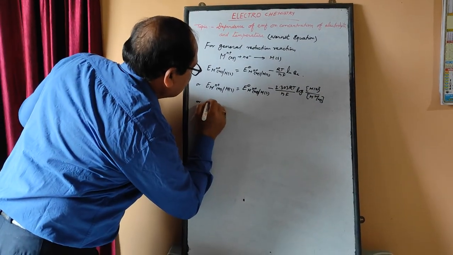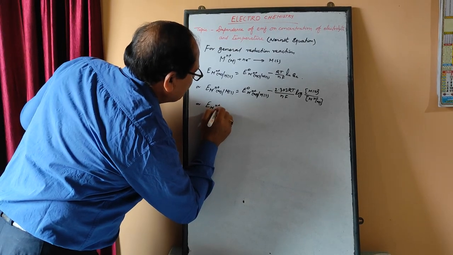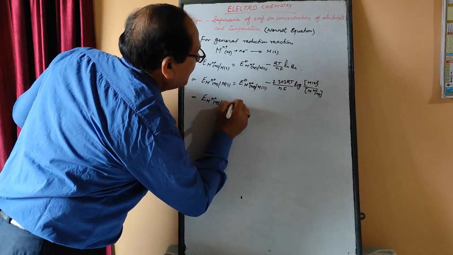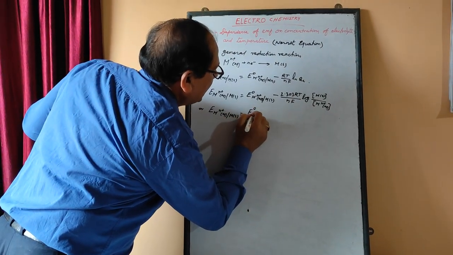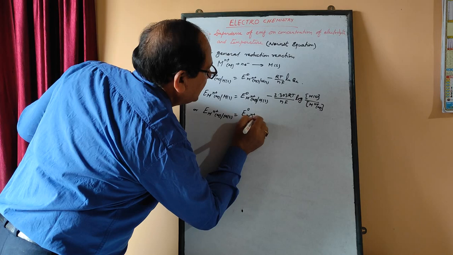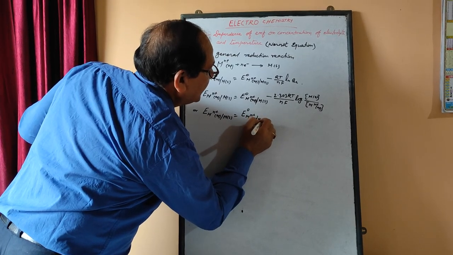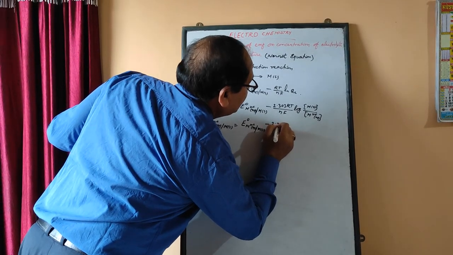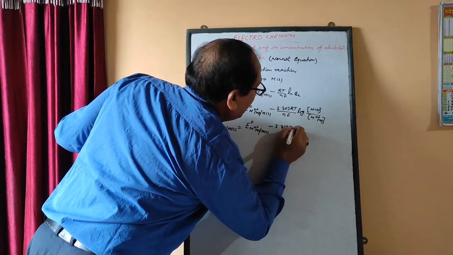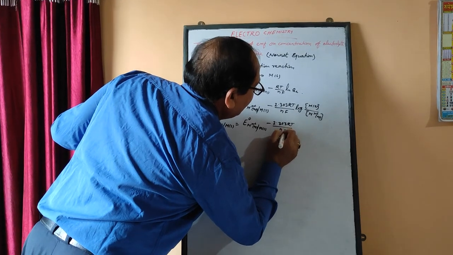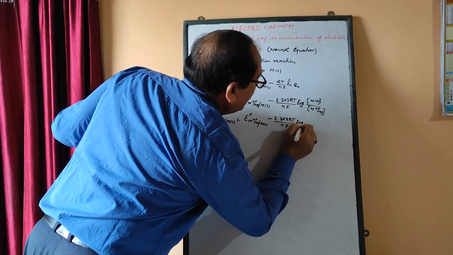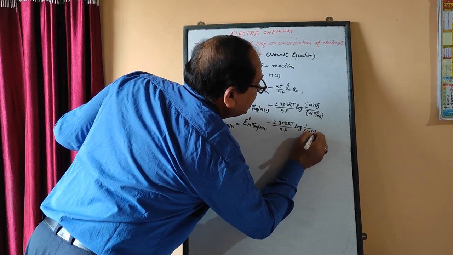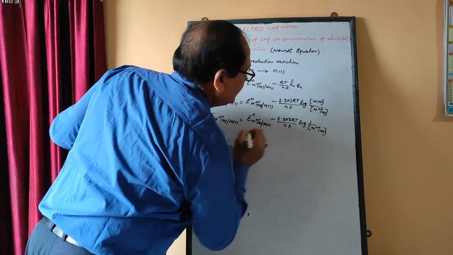So we can write E of Mn+ aqueous/M solid equals E naught of Mn+/M minus 2.303 RT by nF log 1 by concentration of Mn+ aqueous.